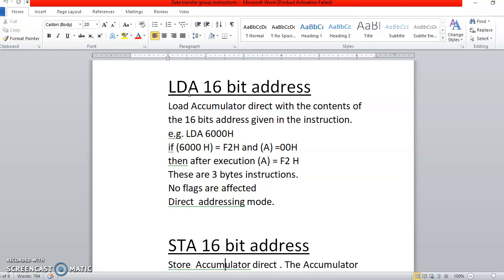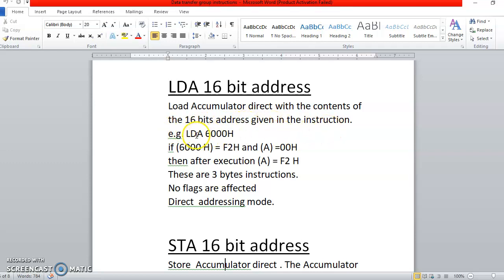You cannot transfer the contents of any address directly into a register like B, C, D, E and so on. I am talking about direct addressing. So load accumulator direct with the contents of the 16-bit address given in the instruction.